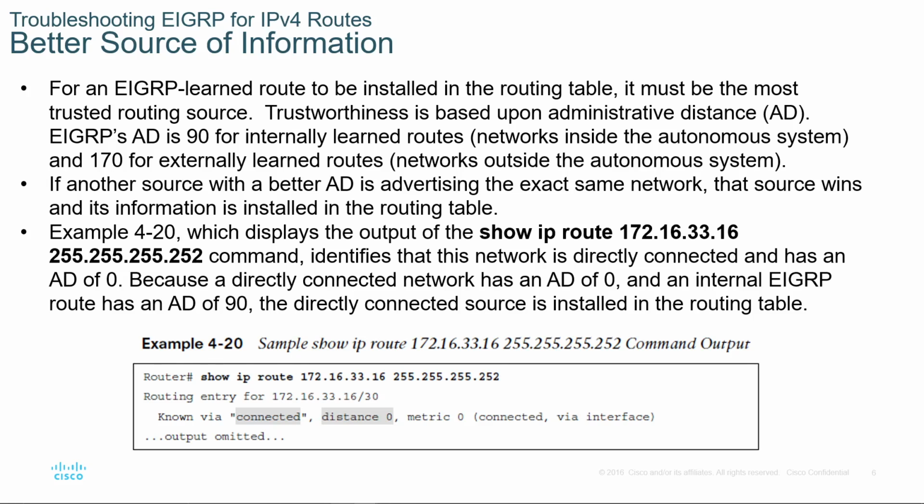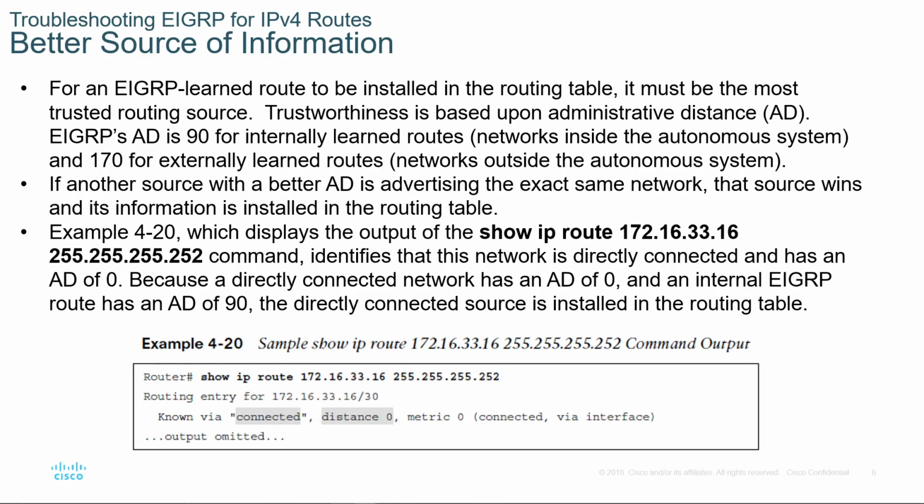So if they're coming from an EIGRP source, they'll have an administrative distance of 90, or if they've been injected externally to the routing process, they'll have an administrative distance of 170 as they're an external source.